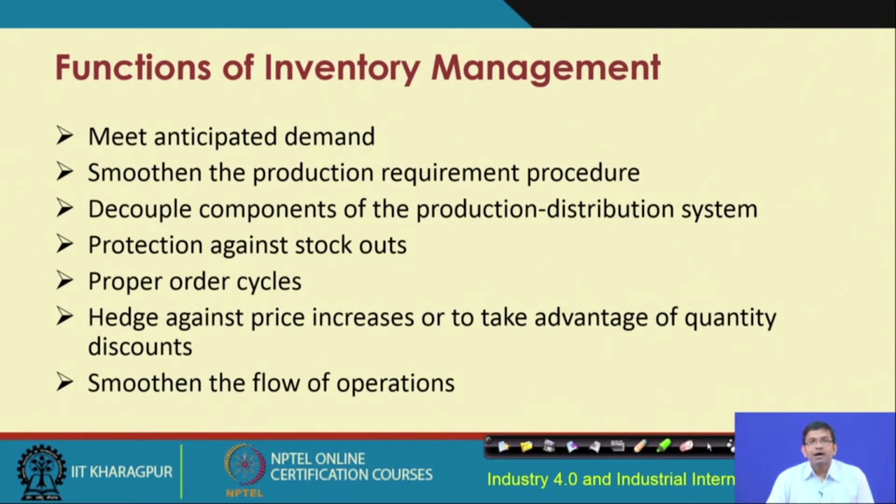All of these are different functions of inventory management, and if we go a little deeper, with the incorporation of IIoT, we can have efficient inventory management through the implementation of all these IIoT devices, systems and applications.